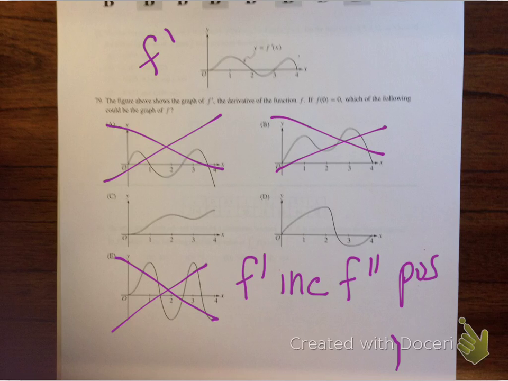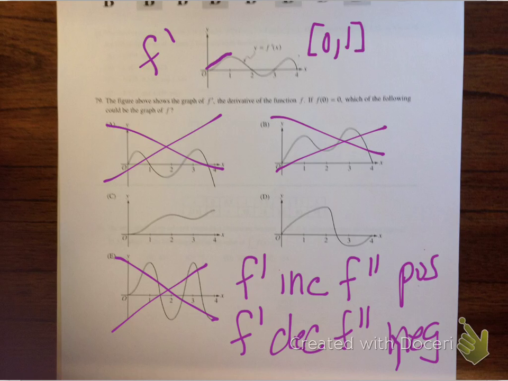And if f prime is decreasing, then f double prime will be negative. Okay, so let's look at the graph of f prime. So from 0 to 1, it's increasing. So that means on the interval from 0 to 1, f double prime is positive. If f double prime is positive, that means it's concave up.